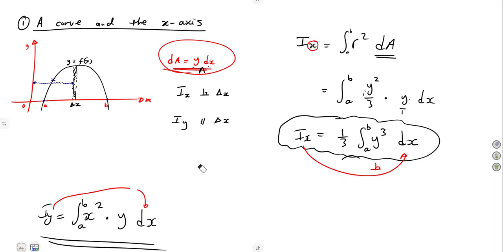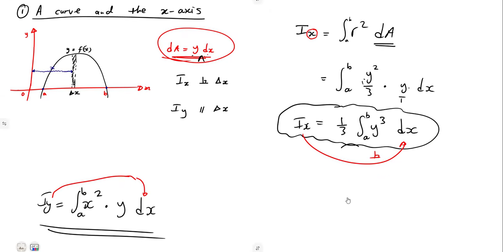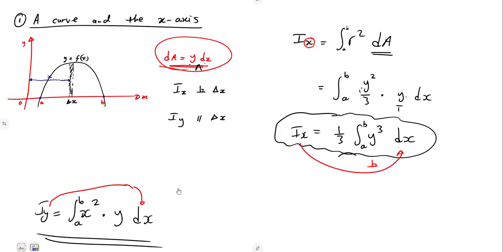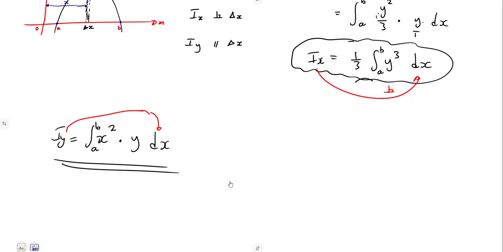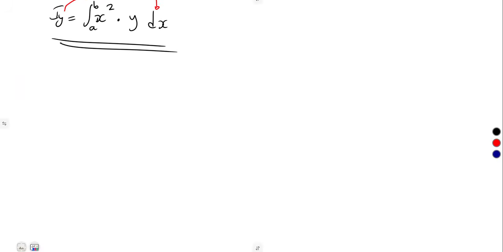All right? So let us try to formulate using the same concept. These are the ones that we can expect when we've got a curve and the x-axis. Let's have another one. We're going to consider where we are given a curve and the y-axis.